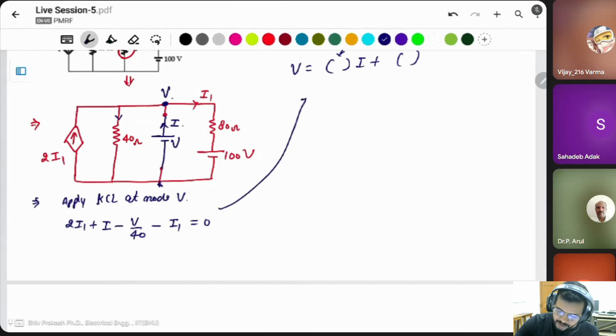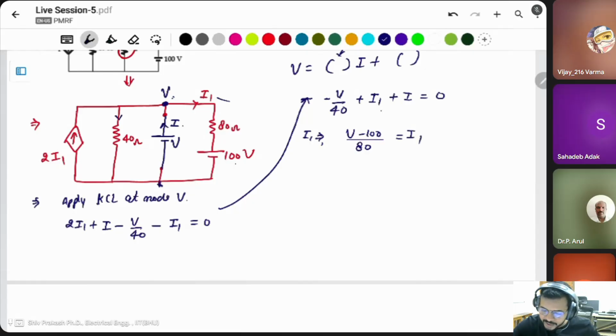I write the same thing here: minus V by 40 plus I1 plus I is equal to 0. What is I1? For I1, this voltage V minus this voltage 100, divided by this resistance 80, is equal to I1.